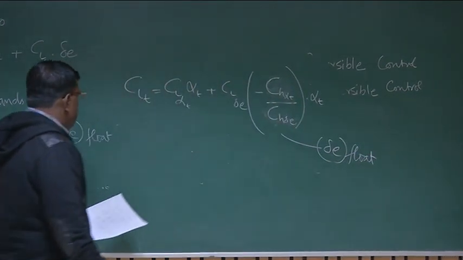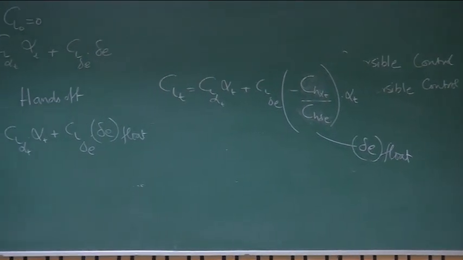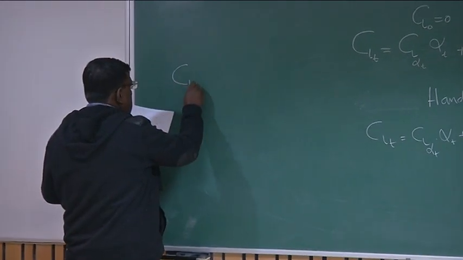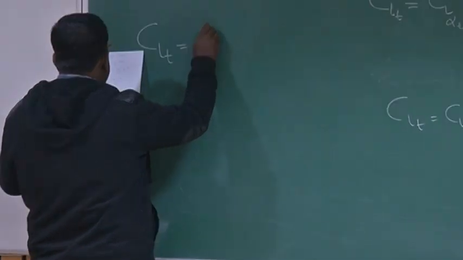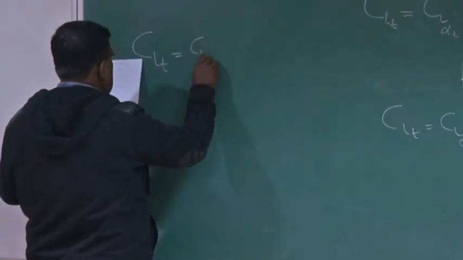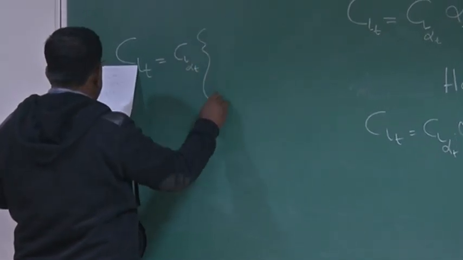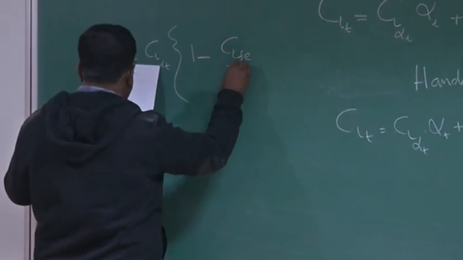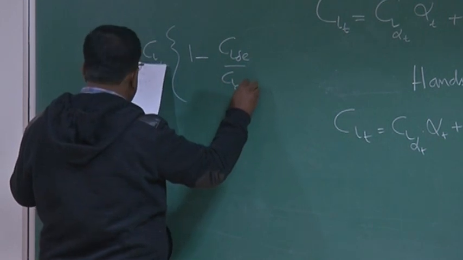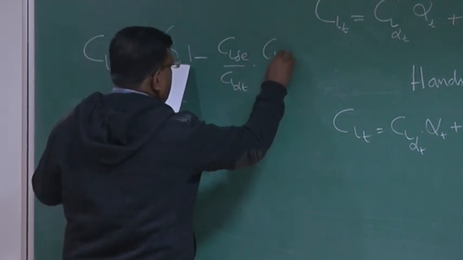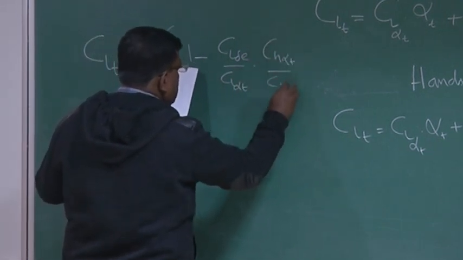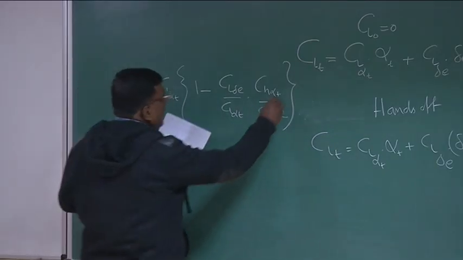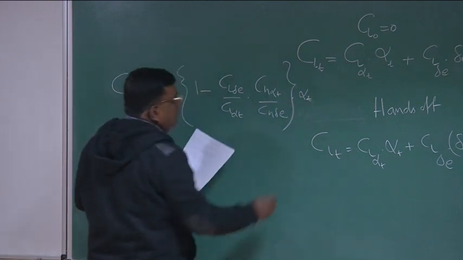Right? So finally, what is happening? Finally, it's interesting to see what is happening. Then I can write CL tail equal to, let me write this, CL alpha T 1 minus CL delta E by CL alpha T into CH alpha T by CH delta E into alpha T. This is clear?